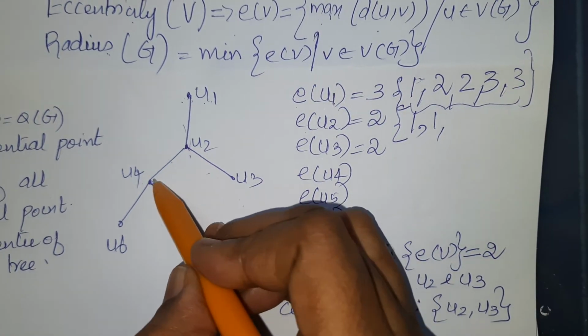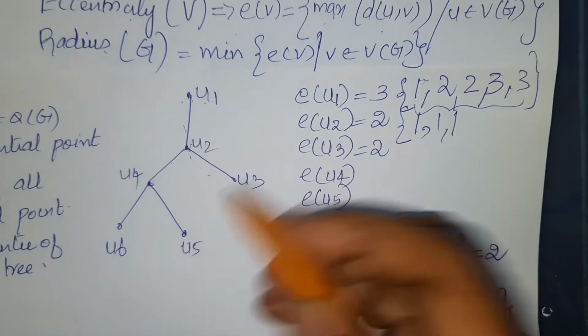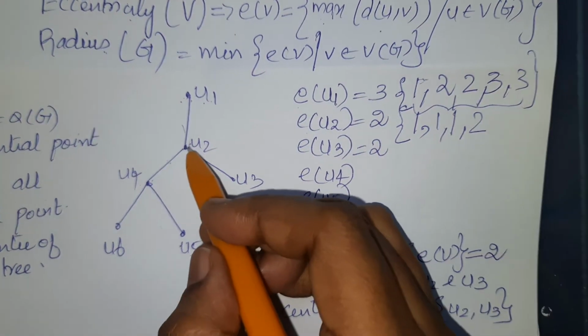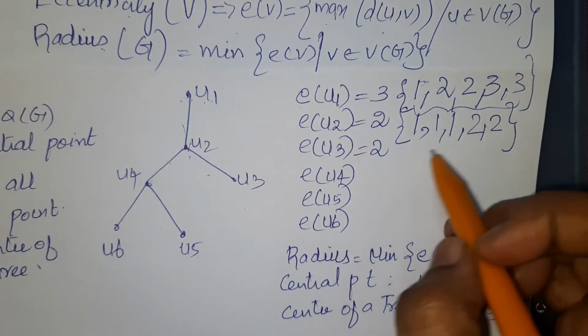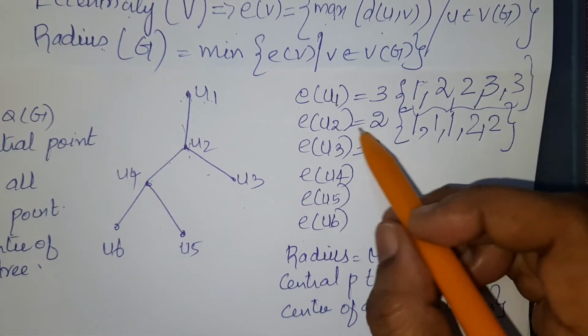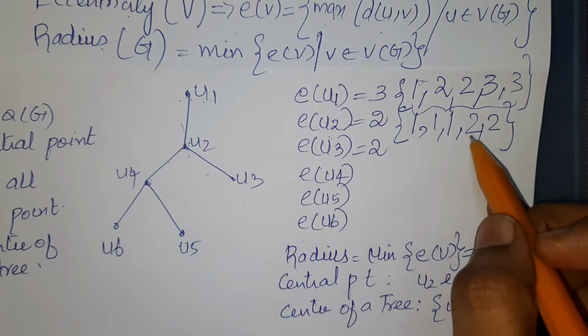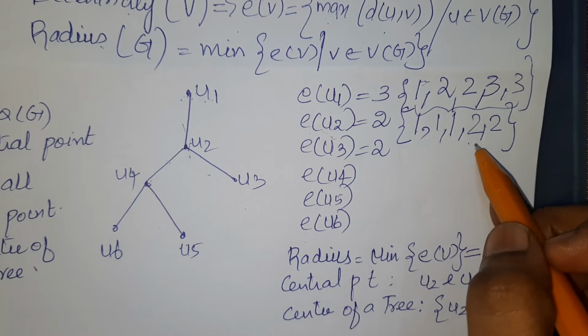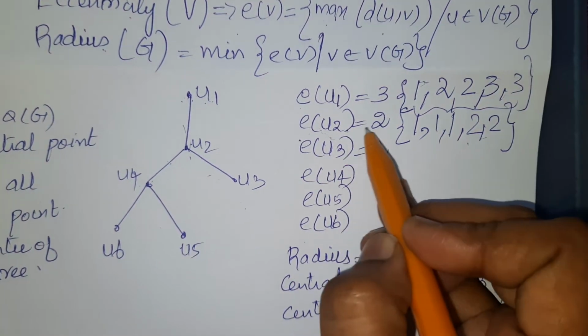From U2 to U4, only 1 edge. From U2 to U5, we have 2 edges. From U2 to U6, we have 2 edges. So we write down the distance between the pairs of points from the particular vertex U2 to the remaining vertices. From these distances, choose the maximum value. The maximum number is 2. So the eccentricity of the second vertex is simply the value 2.